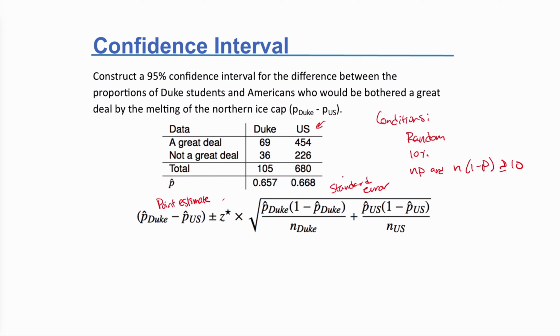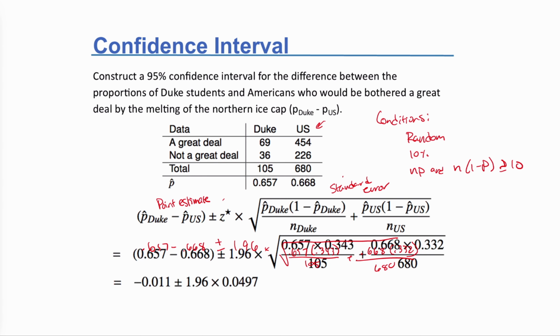So 0.657 minus 0.668 plus or minus, for a 95% confidence level, our Z is 1.96, and the square root of 0.657 times 0.343 over 105 plus 0.668 times 0.332 over 680, and we plug all that into the calculator.